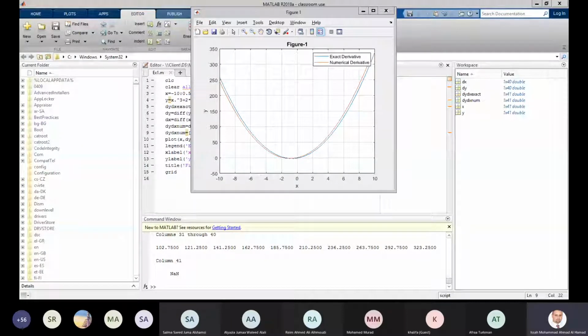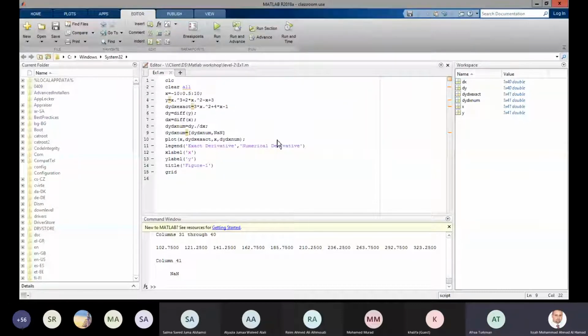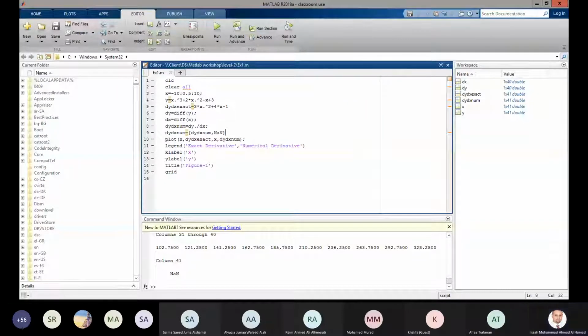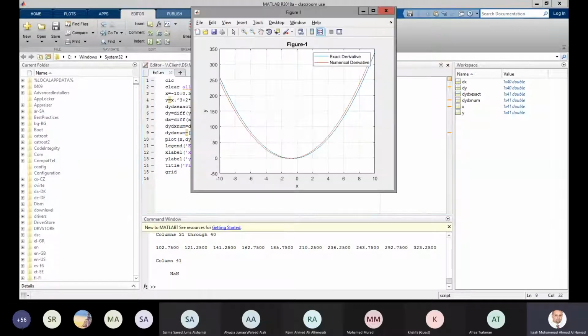Can you see my screen now? Yes, we can, Doctor. Can you see the graph? Yes. I don't know which screen you can see now, because Teams always gives plenty of screens. Okay, so this is the graph.